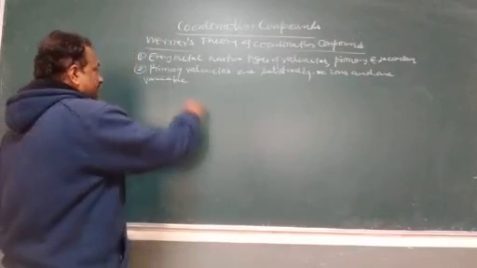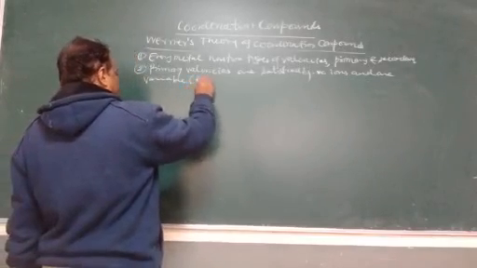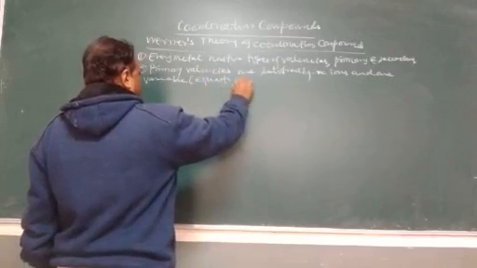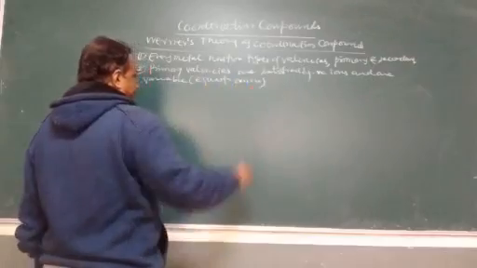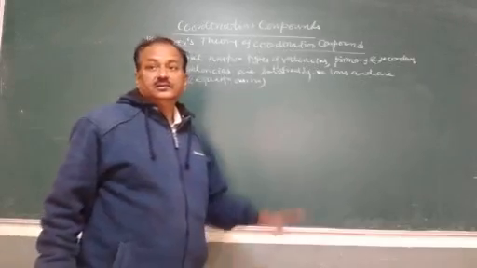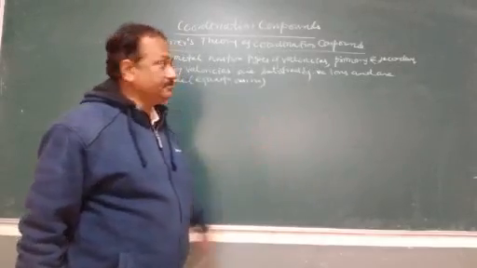You have to keep in mind it is variable and equal to the oxidation number. This is primary valency.